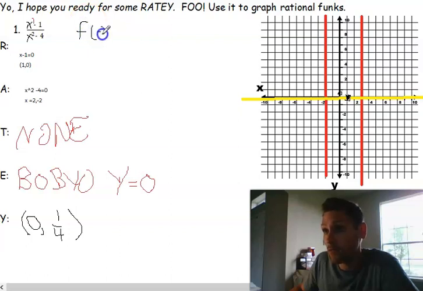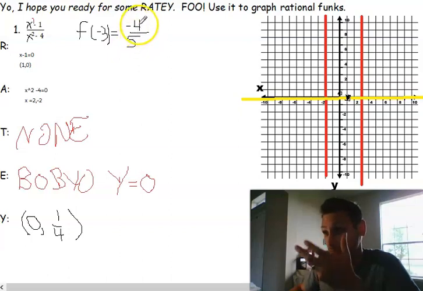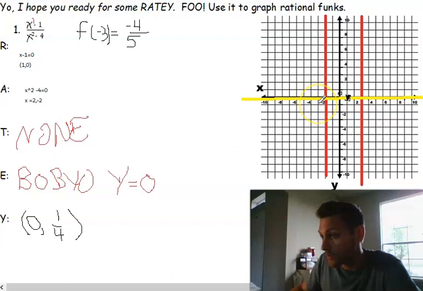I could have picked negative 4, etc. When I do that, I get negative 3 minus 1, which is negative 4. And the bottom, I get negative 3 squared, which is positive 9, minus 4 is positive 5. When I divide that out, I get a negative number, just under 0.1, so at negative 3 it's going to be right here. So it's on the bottom, which is more important. And I'm just going to make it at negative 1, even though it's below it. And it's going to look like this.